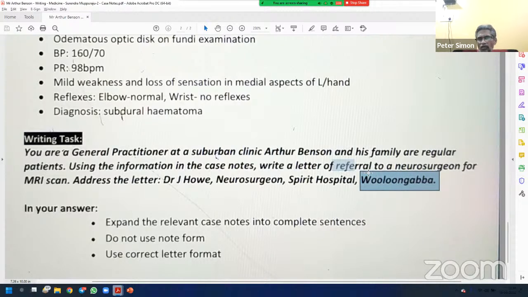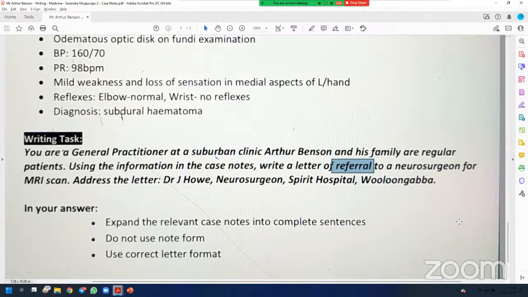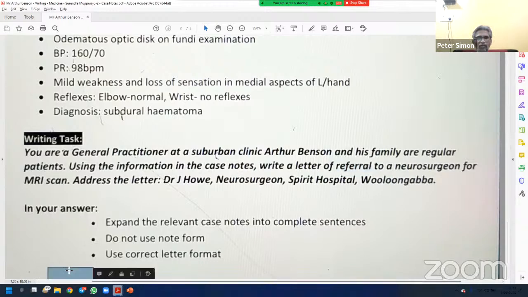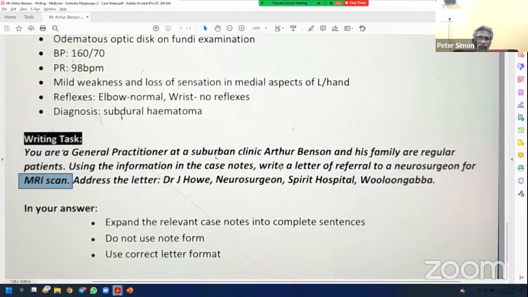So this is a referral letter. A neurosurgeon. Fine. For MRI scan. So he requires an MRI scan. Referral for MRI scan. Good.